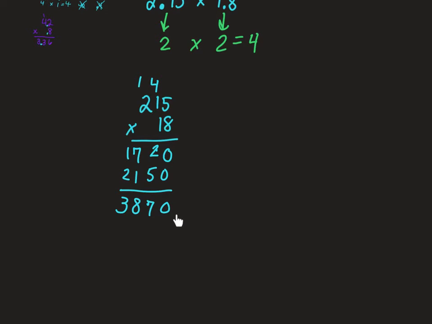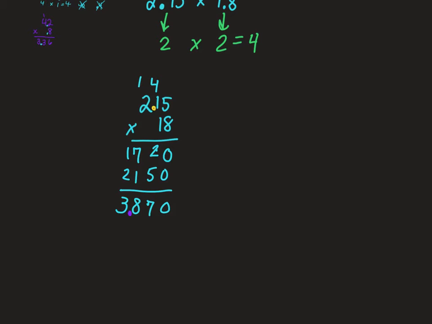If I put the decimal back here, is 3,870 close to 4? No. 387, 38.7, 3.87, or 0.3870. Answer is 3.870. Remember, our other technique was to put the decimal points back in the question.